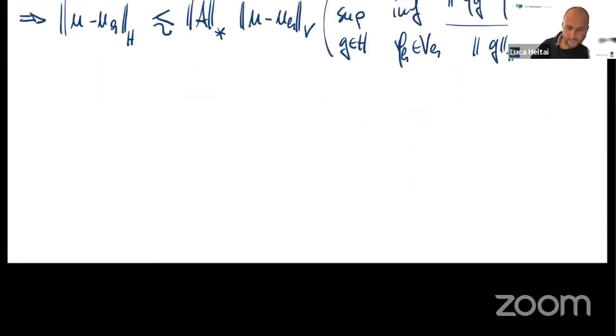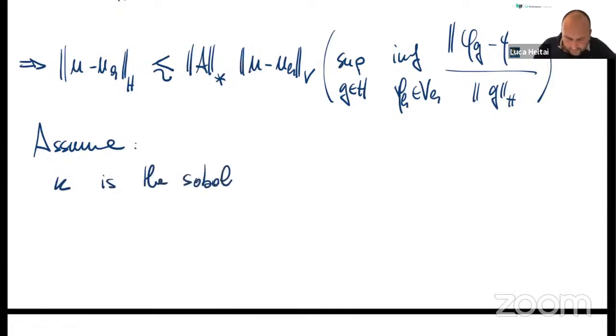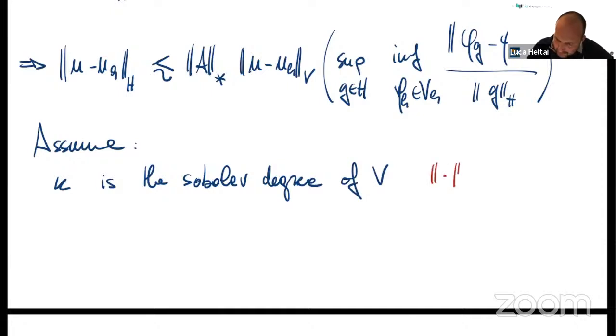Okay. Now let's frame this into a context in which we assume the following thing. We assume that K is the Sobolev degree of V, and that means that the V norm is equivalent to the K norm on the domain omega.